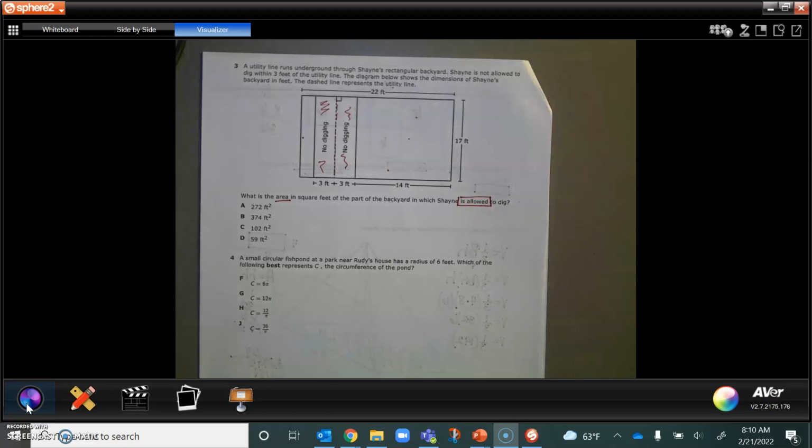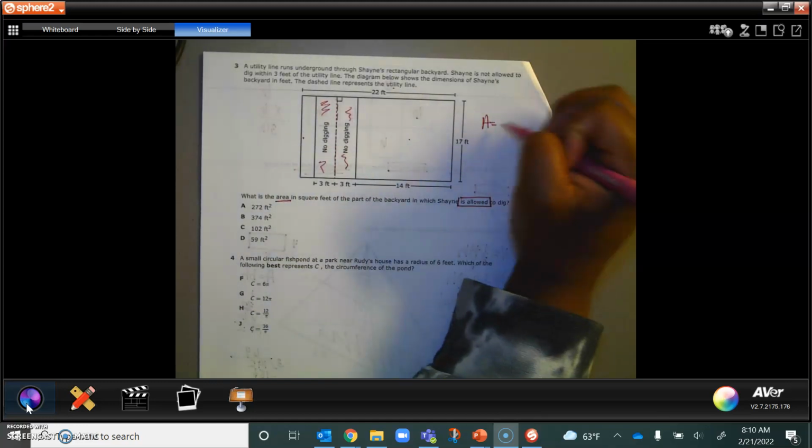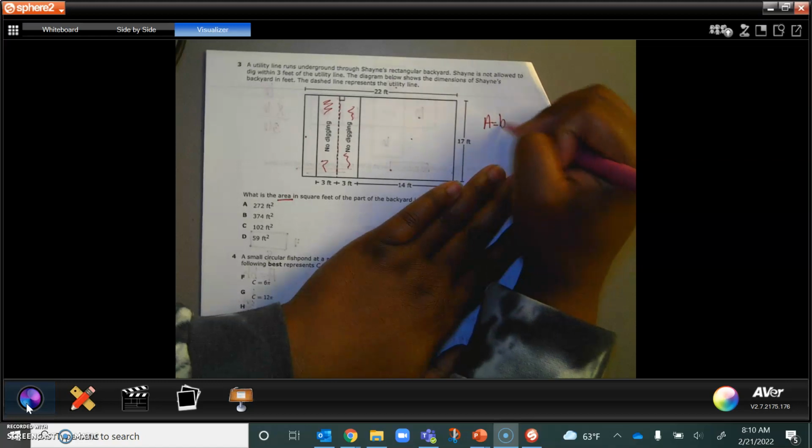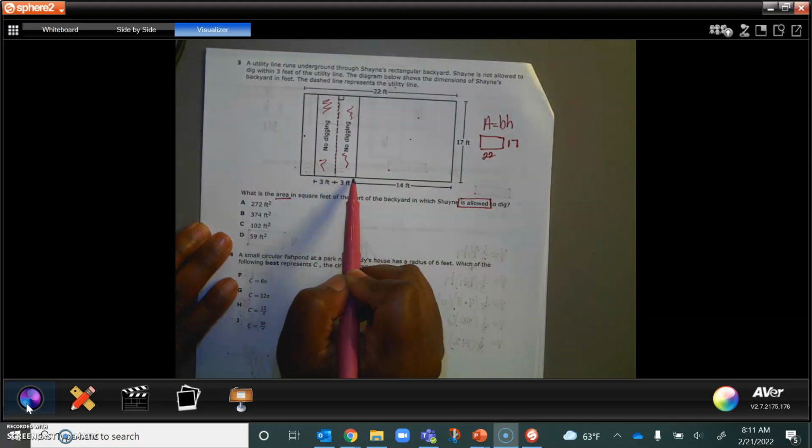First, I'm going to take the whole backyard and find the area of the entire backyard. Area equals base times height. If I label it, that's 22 by 17. Then I'm going to take the area within that Shane cannot dig.